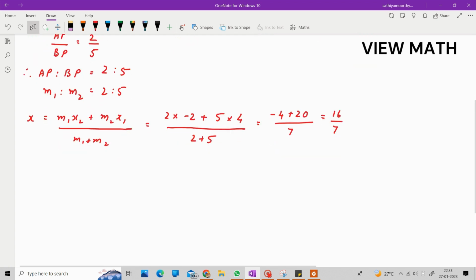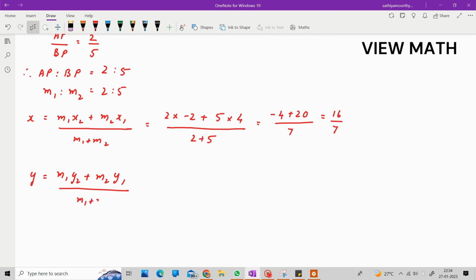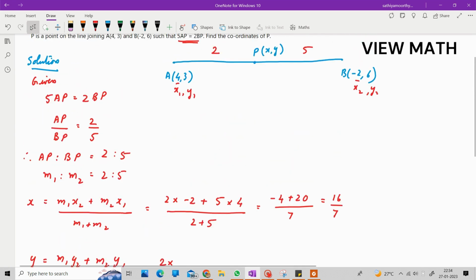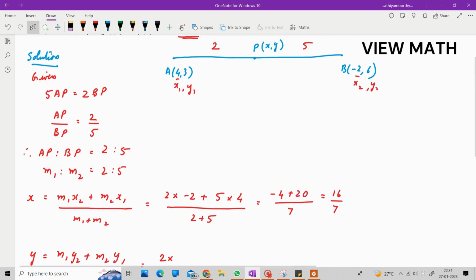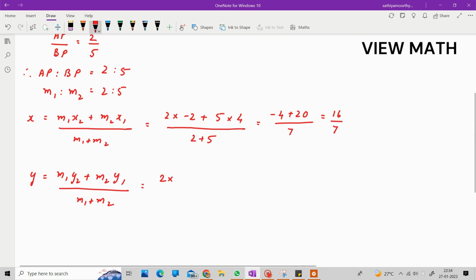Now let me find the y coordinate. The formula is m1 y2 plus m2 y1 by m1 plus m2. y2 is 6 and y1 is 3. Now let me substitute. 2 into y2 which is 6, plus m2 is 5 into y1 which is 3, divided by 2 plus 5.